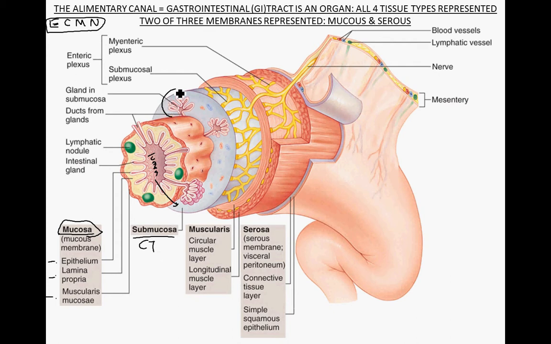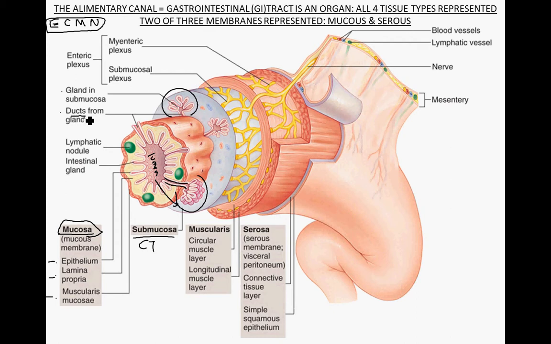We'll highlight that up here. Here's a gland right here as well. These glands, this glandular tissue, is lined with epithelium that extends here, so this is epithelial tissue embedded in the connective tissue of the submucosa. You'll see here the ducts from those glands, and again, there's a gland in the submucosa.